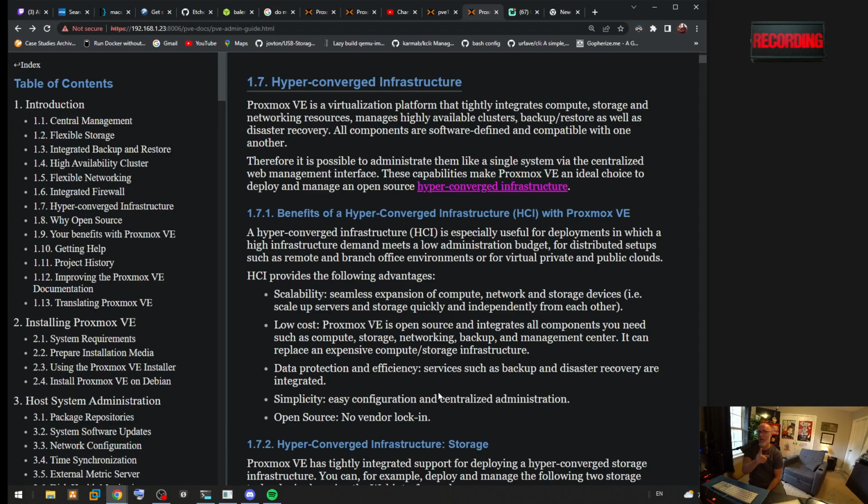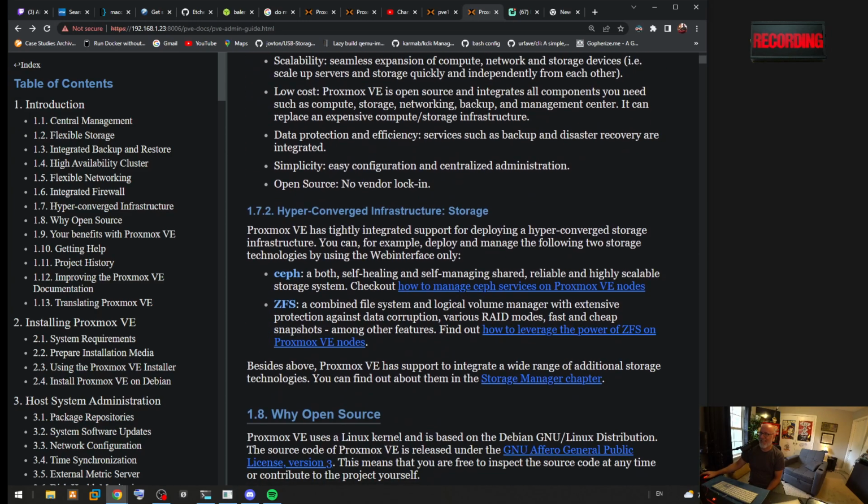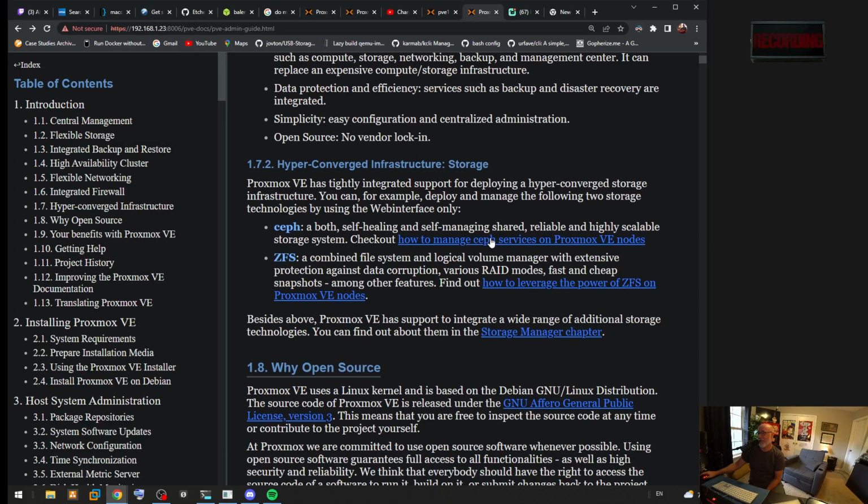I'm going to tell you something right now. I have been doing a lot of stuff with Kubernetes over the last year and a half. It's my job after all. And I keep thinking that Kubernetes is a waste, for reasons I'll get into. Hyperconverged infrastructure.